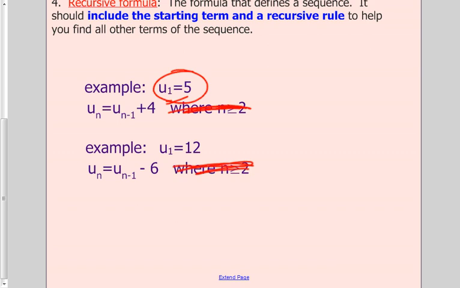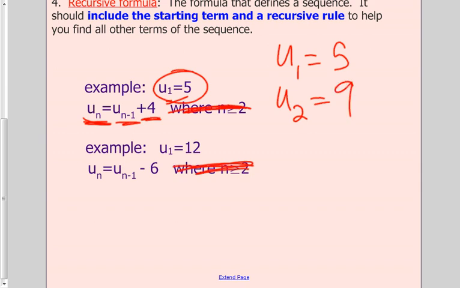And now we're searching for u of some term is equal to the term before it plus 4. Let's say I'm trying to find u of 2. I know that u of 1 is equal to 5, and u of 2, what do we think u of 2 is? 9.